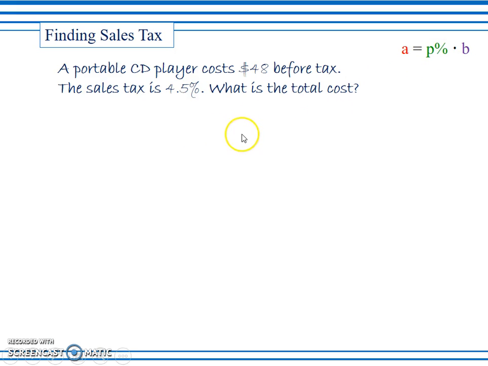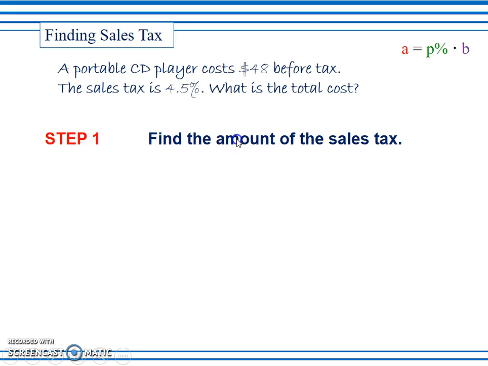So here's our equation. We're going to take 4.5% of $48. Remember, of means times. So that is 45 thousandths times $48 for our base price to know that we're going to pay a sales tax of $2.16.